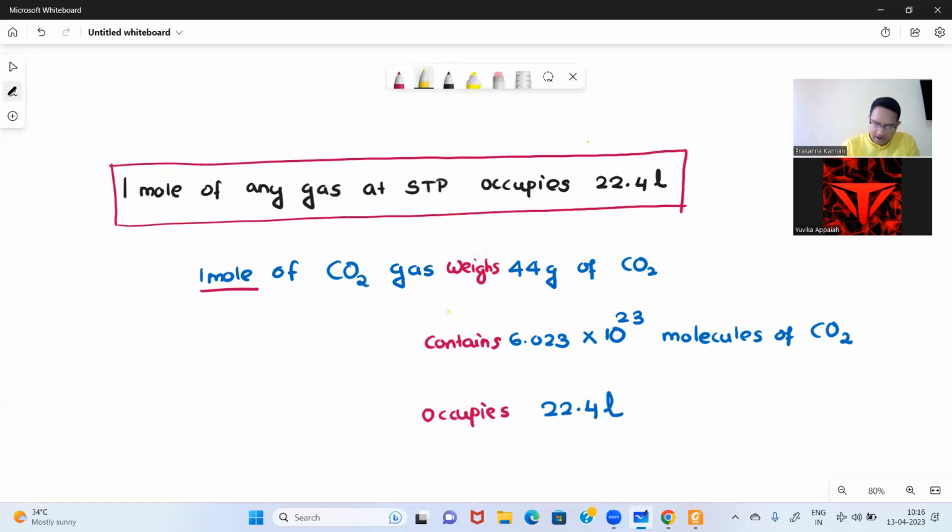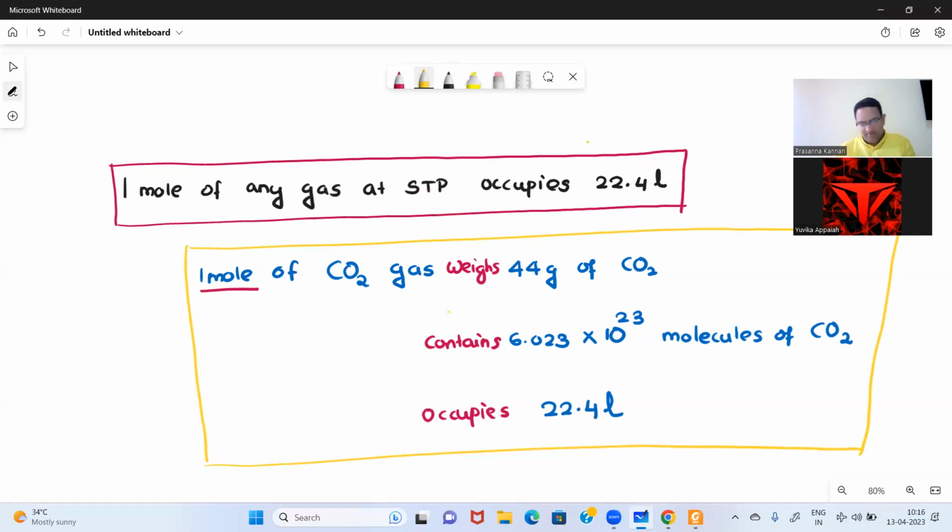And everything is proportional, which means 1 mole occupies 22.4 liters, 2 moles will occupy 44.8, and half mole will occupy 11.2. Are you able to understand, Yuvika? Yes, sir. Awesome. Great.